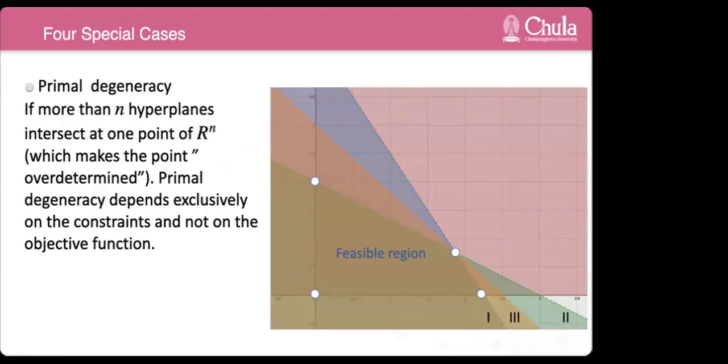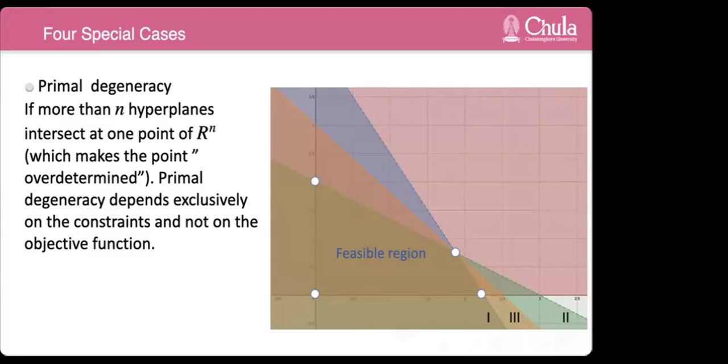Normally, our solution is at the corner, right? At the intersection of the constraints. We call it a corner like this. Except in the case of dual degeneracy, where the solution is not at the corner, but all points at that face, right?